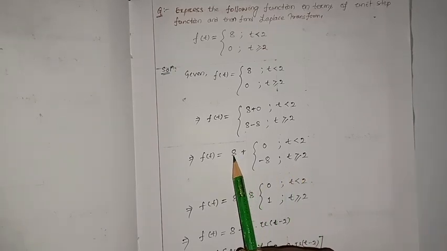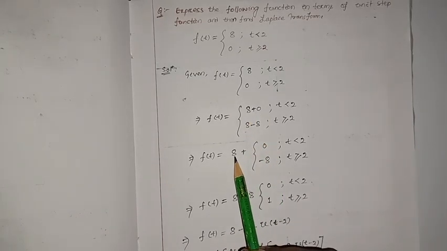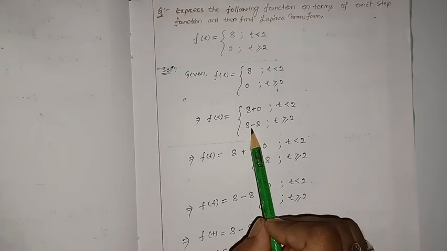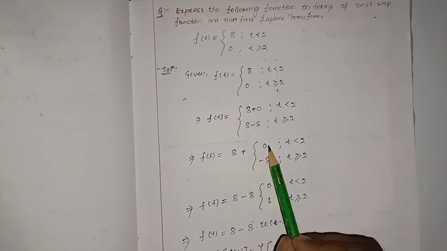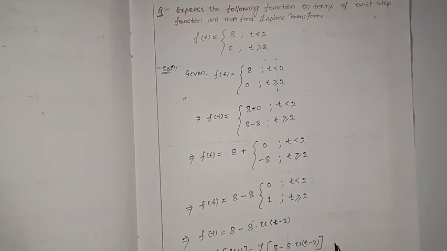That means if I add 8 with this term, we find 8 minus 8. So this can be written as 8 plus 0 for t less than 2, minus 8 for t greater than or equal to 2.